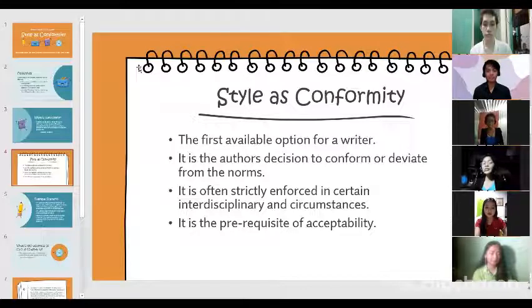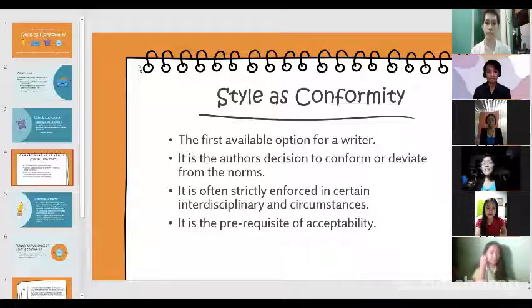The next meaning of style as conformity is that it is often strictly enforced in certain interdisciplinary fields and circumstances, for example, thesis and research papers. As we notice, they have certain guidelines and instructions to be followed. It is a prerequisite of acceptability.